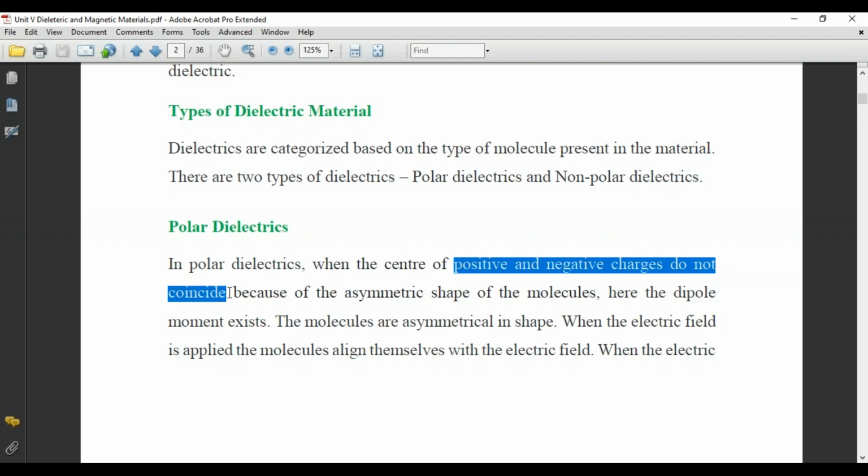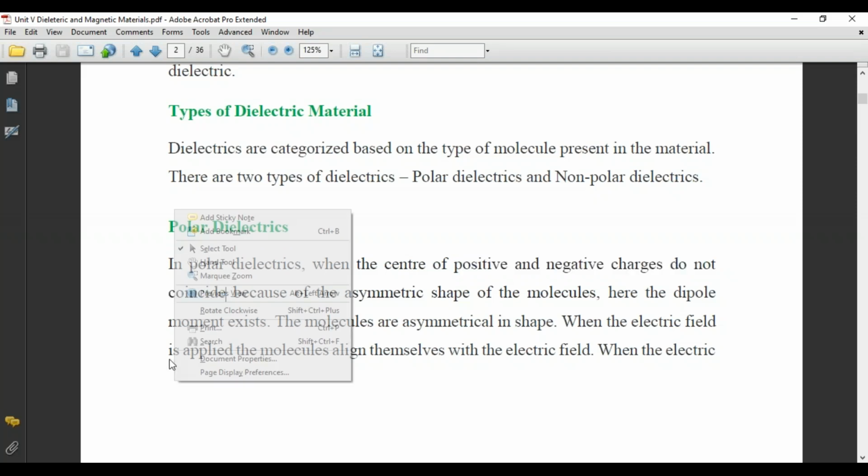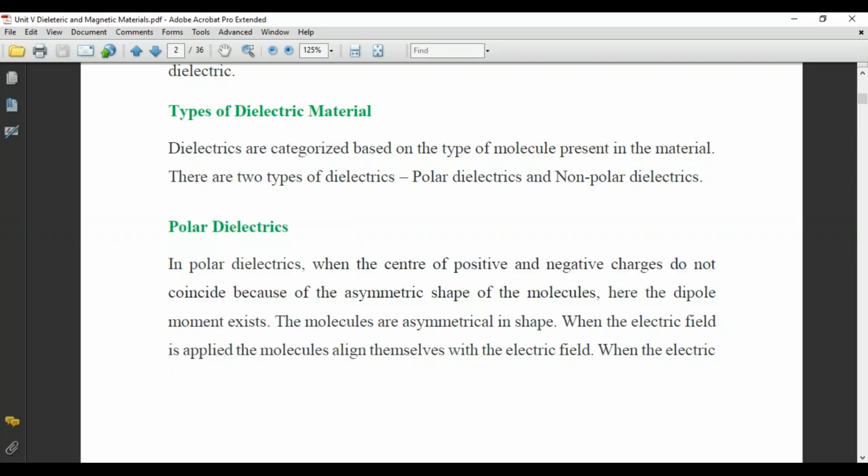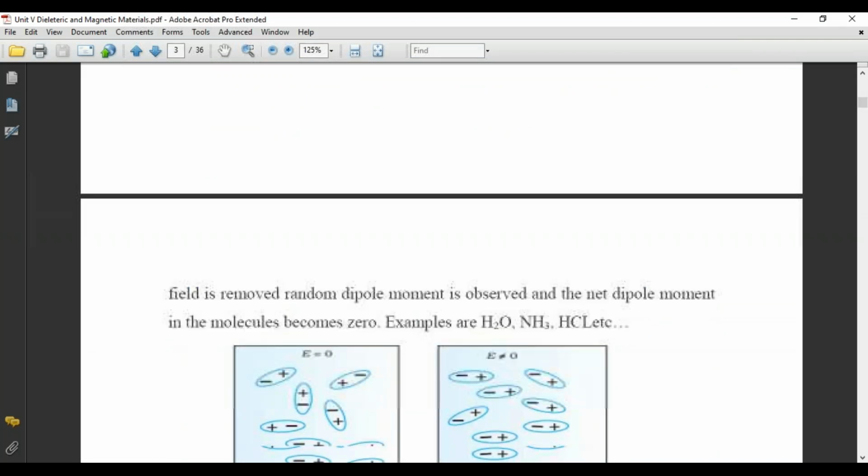In those materials a dipole moment already exists. That's why it is called a permanent dipole moment in polar dielectrics. The structure is asymmetric; there is no symmetry in the structure of polar molecules. But when these polar dielectrics are subjected to an electric field, they undergo polarization. See this diagram.